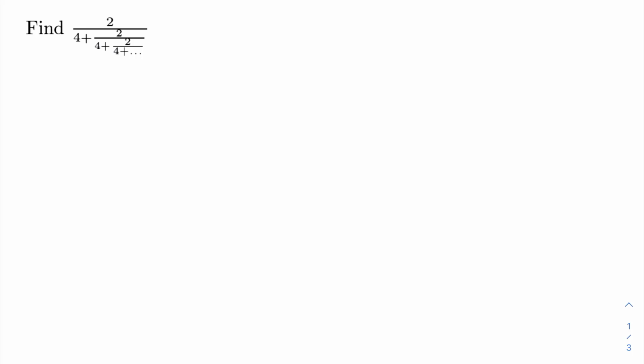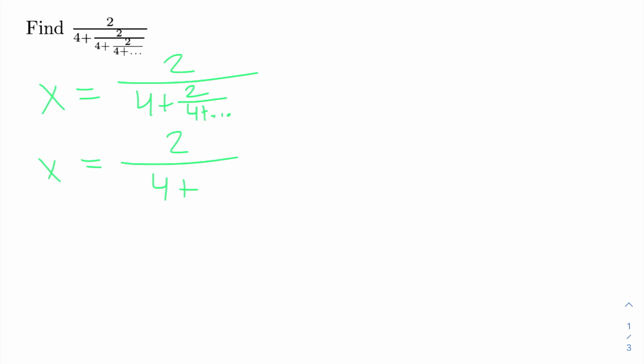So what I'm trying to say is, let's say our pattern is x. x is just equal to 2 over 4 plus itself, because this pattern is the same as this pattern. So now we have just made an equation to find our answer.